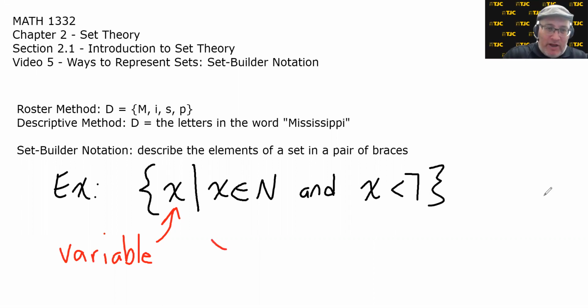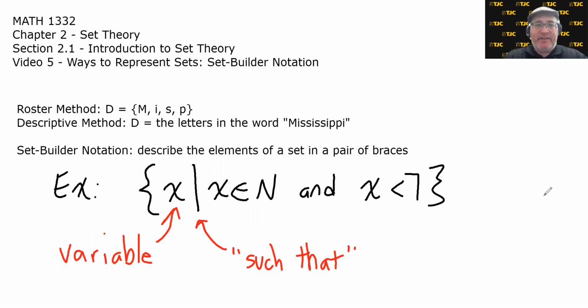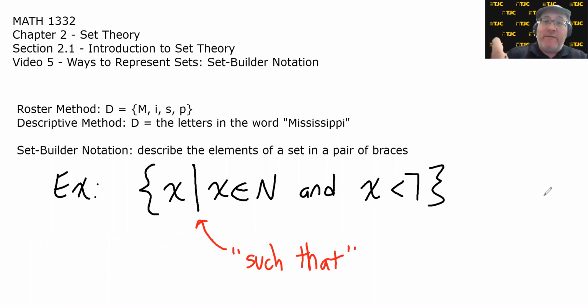What is this vertical line here? This is a symbol for the phrase such that. So how would we read this? When you read a set that is represented using set builder notation, you say the following: the set of, which makes sense because we're describing a set.